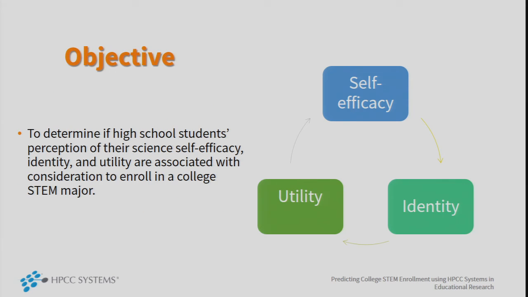Okay, so my objective is to determine if high school students' perception of science self-efficacy, identity, and utility are associated with their consideration to enroll in STEM. Now, my intuition here is that a student who sees himself as a science person and also understands the essence of science in the community should naturally want to enroll in STEM.